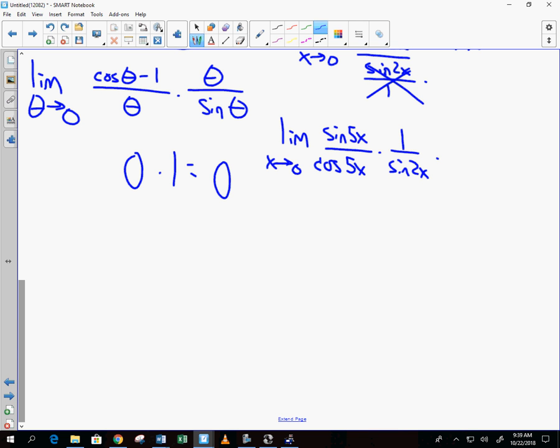What I would like to have is something in this numerator right here. What would you like to have in that numerator? Yeah, what do you want? We want something other than 2. We want a 2x.